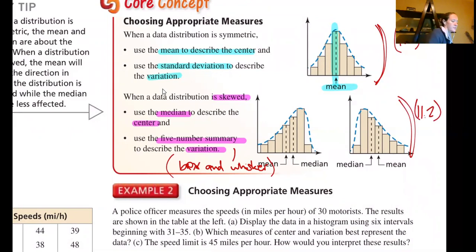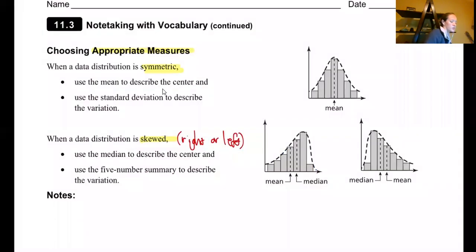So the core concepts, what are we talking about when they say choosing appropriate measure? Have you guys caught it yet? We're talking about both what to use for the center and what to use to show the variation. So whenever we're talking about appropriate measures, we're talking about the center and the variation. And we just need to look at the picture and say, okay, is it going to be that symmetric type?